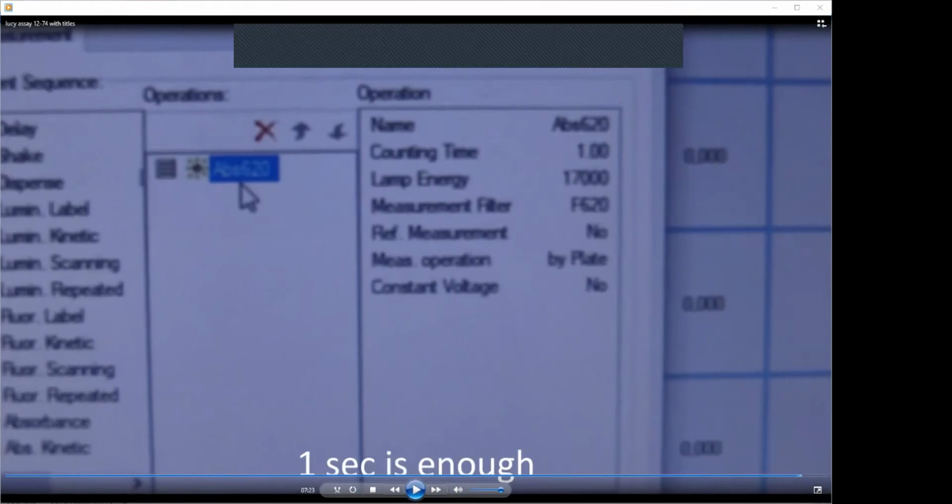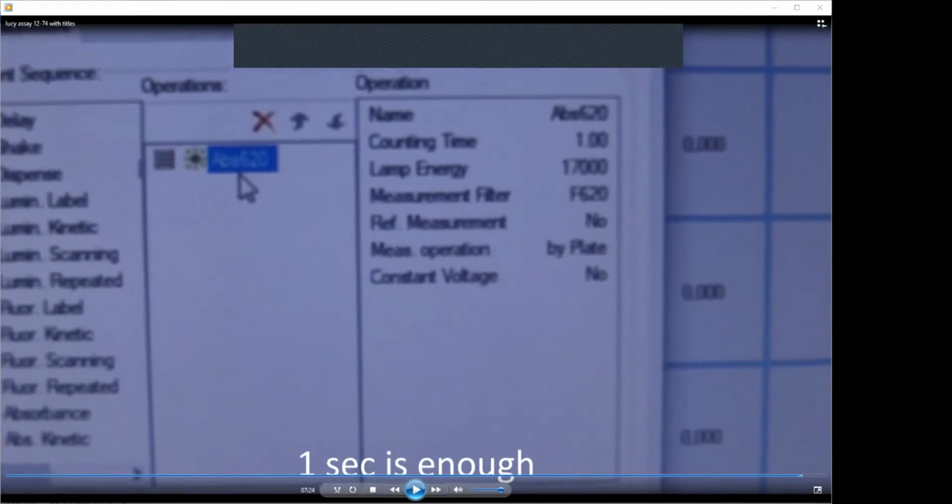Energy of the light which is used for the emission is 17,000 lumen, and counting time is 1 second, so it's a very fast technique. Why am I showing this? Because you have several options how to program the machine, and it is important to use the proper energy and wavelengths.